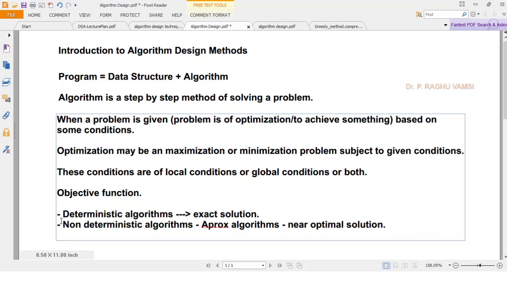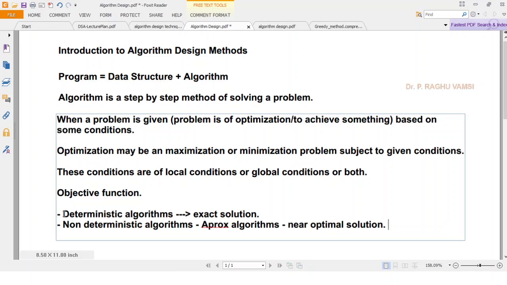So whenever a problem is solved with a deterministic algorithm, whatever you implement will give you an exact solution. Some problems cannot be solved using deterministic algorithms; these are of a stochastic or random kind.